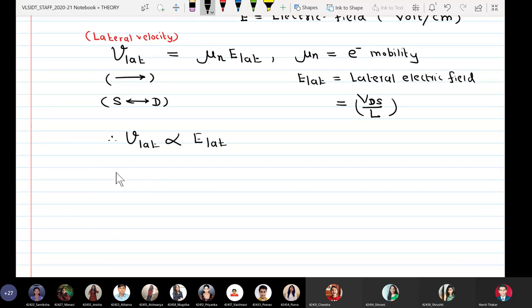Fine, but this is applicable only for low or weak electric fields.